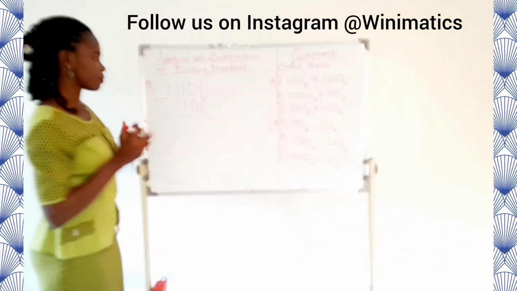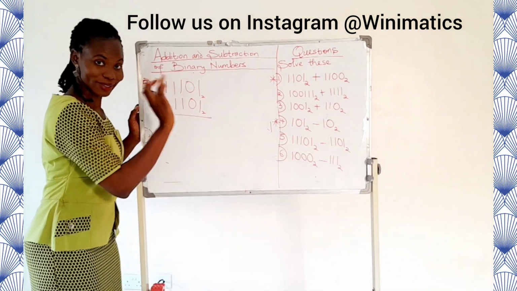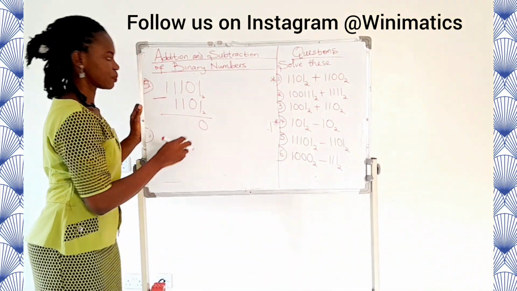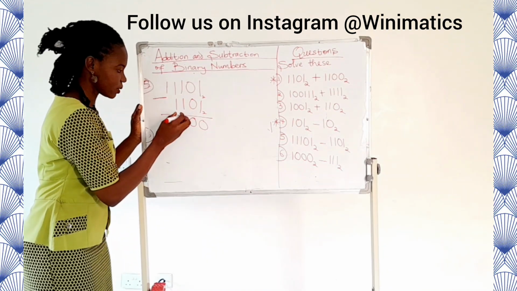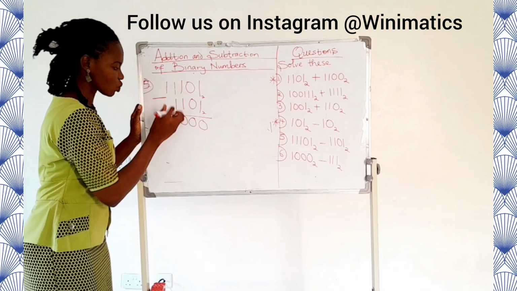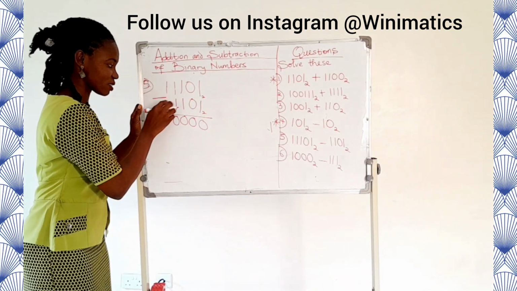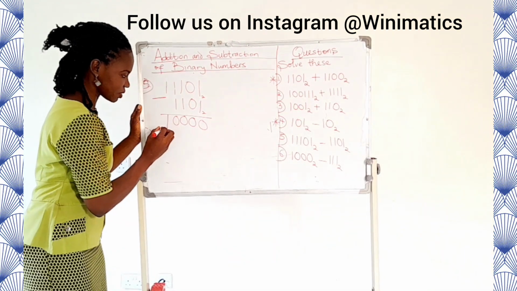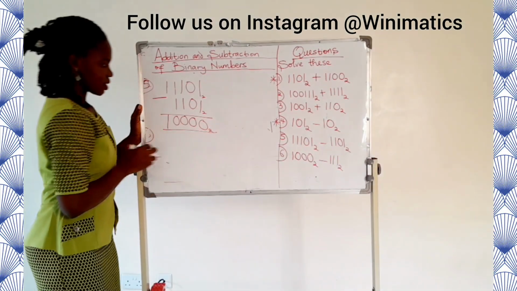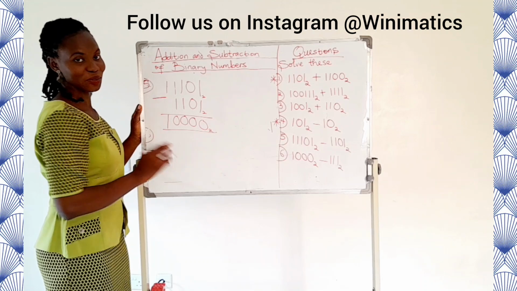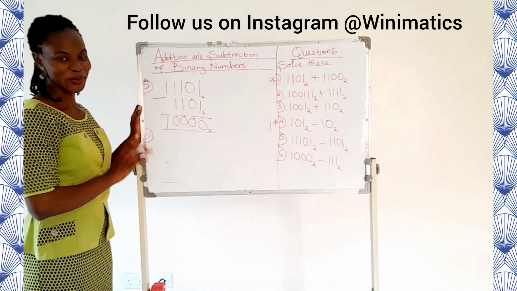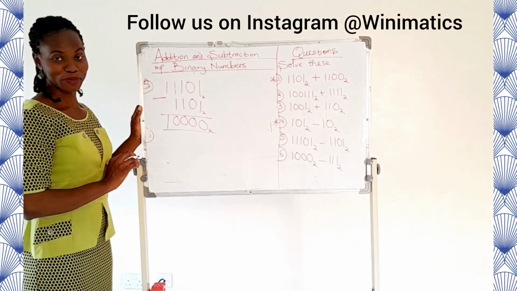So we start. 1 minus 1 is 0. 0 minus 0, 0. 1 minus 1, 0. 1 minus 1, 0. 1, since nothing is there, I'll bring it down. So I have 10000 base 2 as my answer. It's actually very simple.